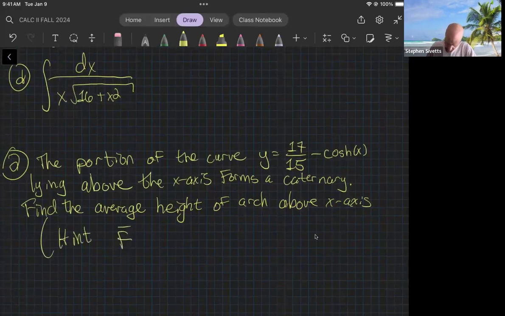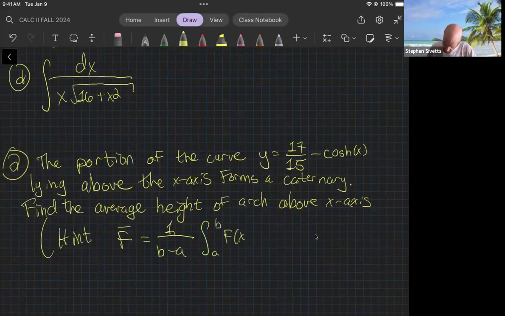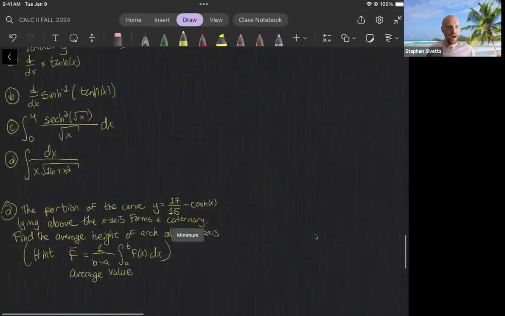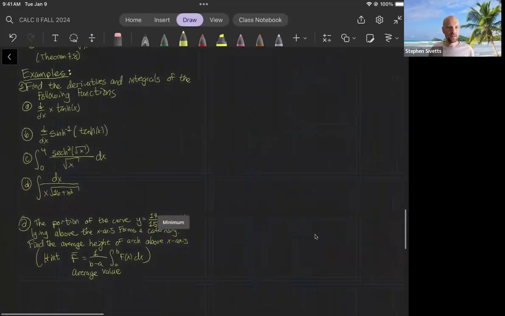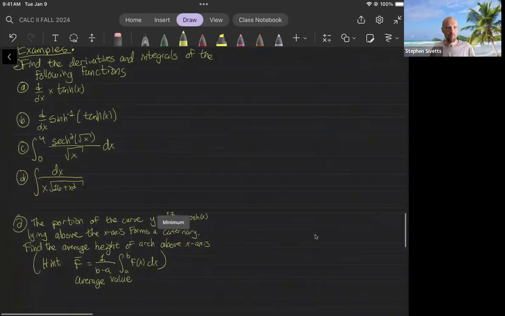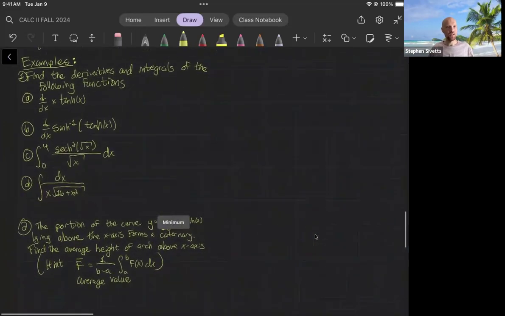The hint here is that the average value, they call this f bar, is equal to 1 over b minus a times the integral from a to b of f of x dx. This is what's called the average value. So let me scroll back out. I want you to work out these problems. You can pause the video if you want to, but I'll just end it here.